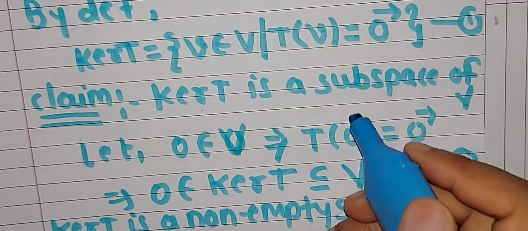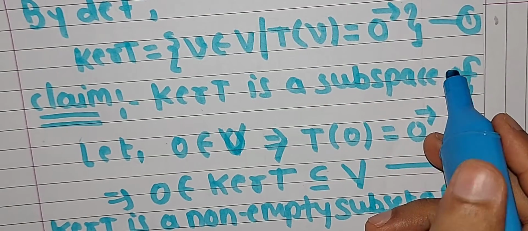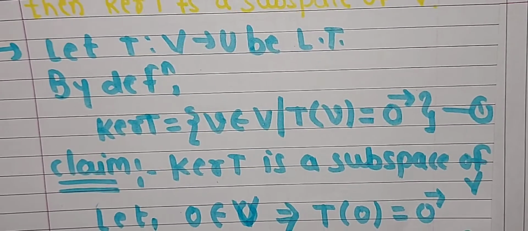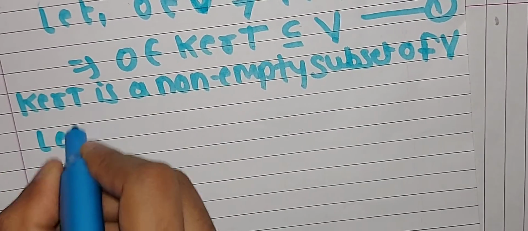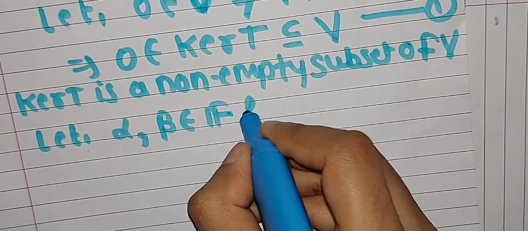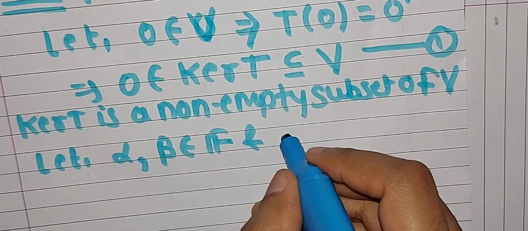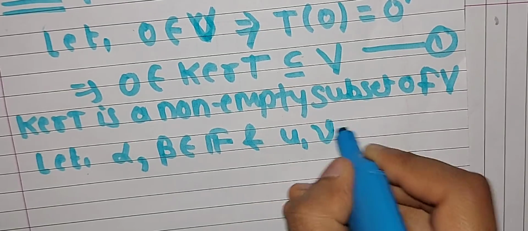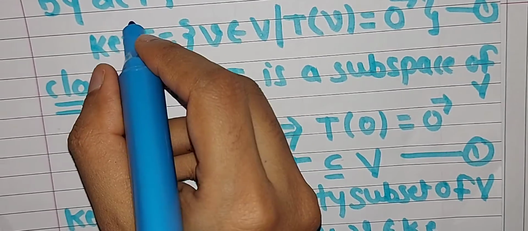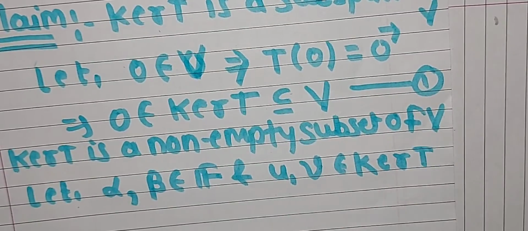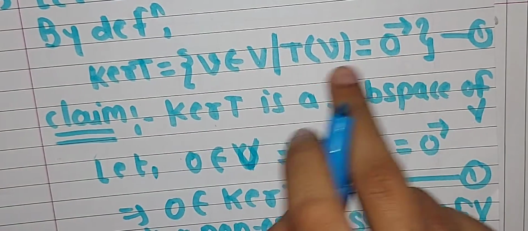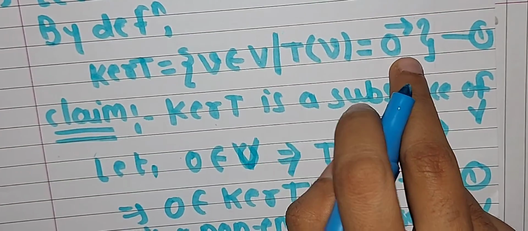Now to prove the remaining conditions of a subspace, consider two elements from our field, let alpha and beta belong to my field F, and consider two elements from the kernel of T, let u, v belong to the kernel of T. If v belongs to the kernel of T, then it can also be represented as T of v equal to 0 bar.